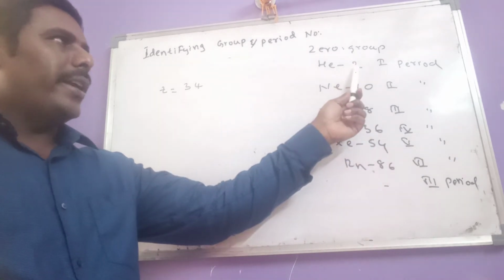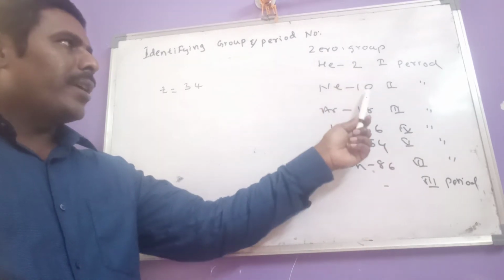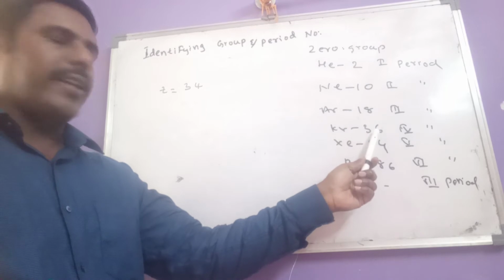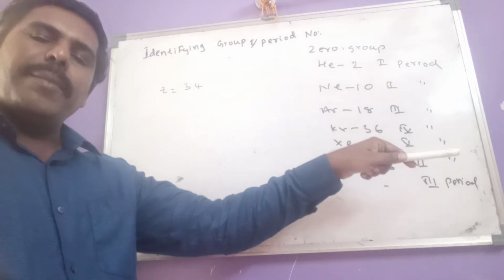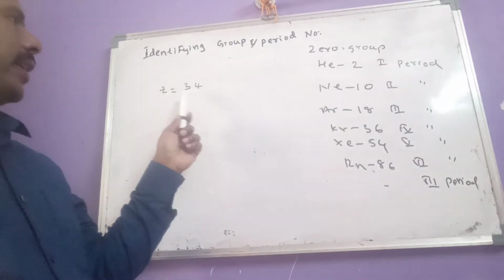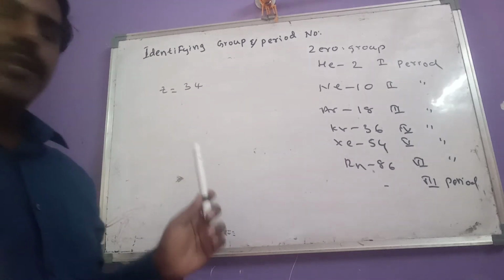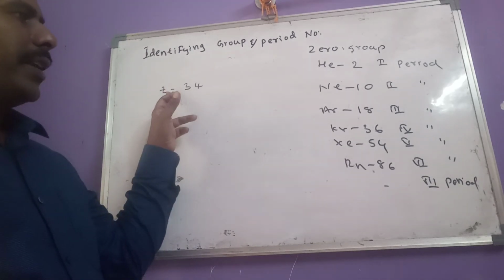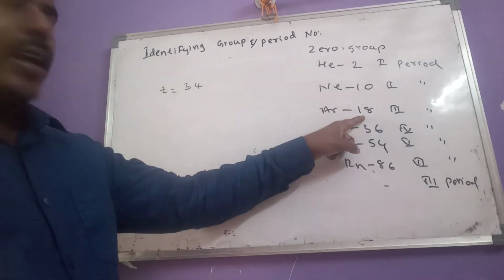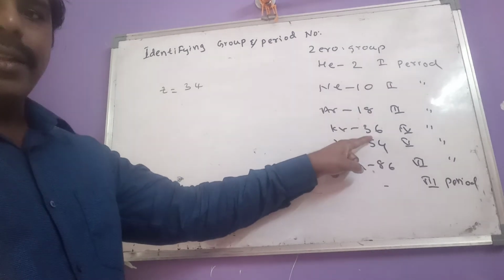In each period the last element is helium, neon, argon, krypton, and there are no other elements after that. So now we have to check. This atomic number 34 is greater than 18 and less than 36.